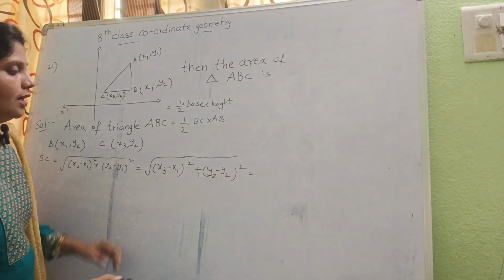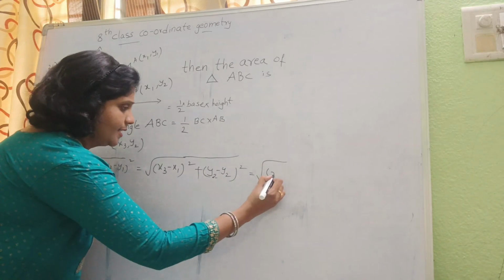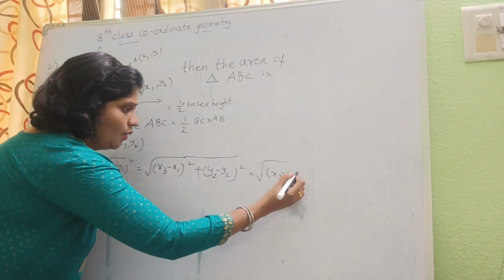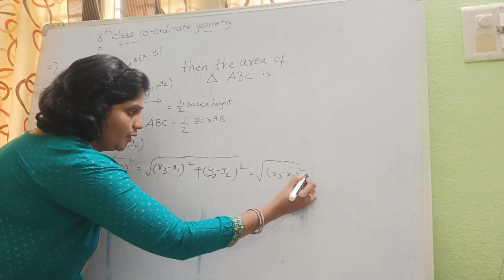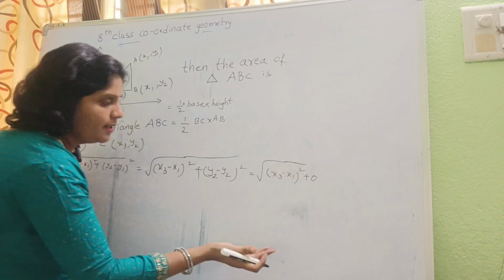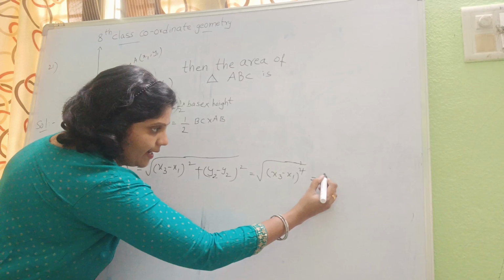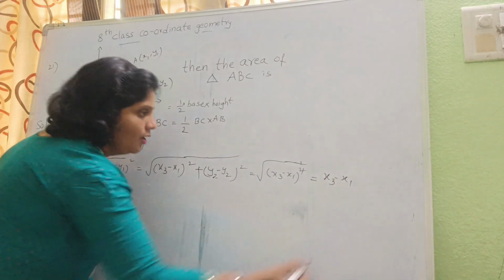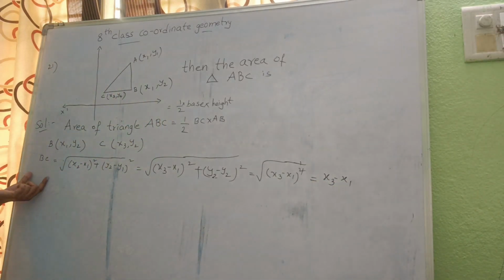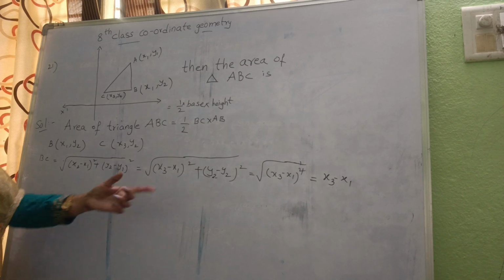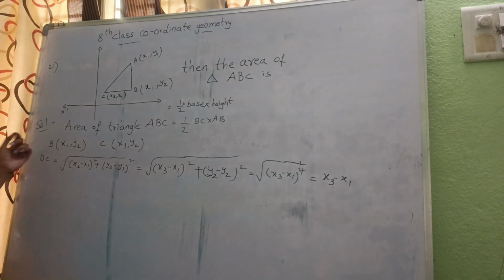That is equal to root of x3 minus x1 whole square plus 0. Plus 0 means nothing, so the square and root get cancelled. So the distance BC is x3 minus x1.